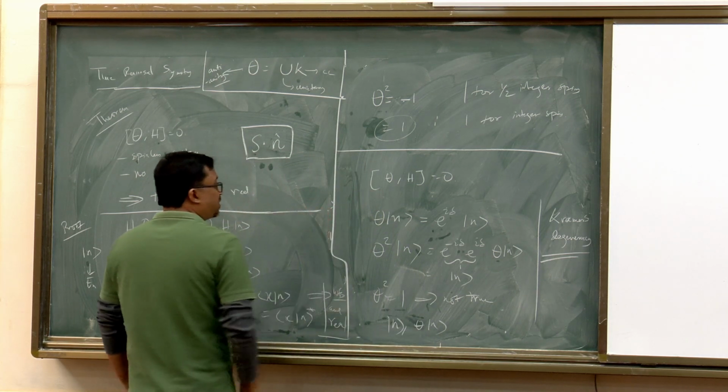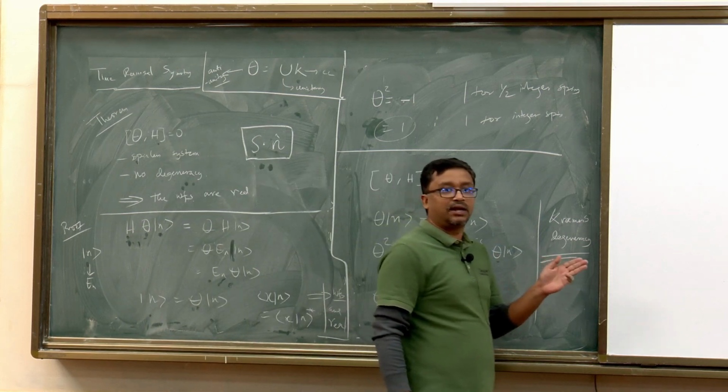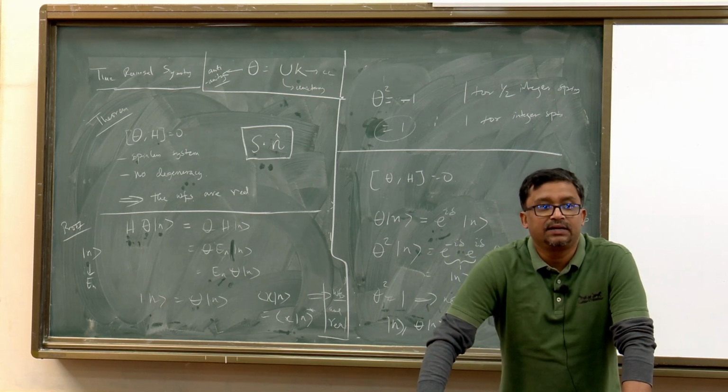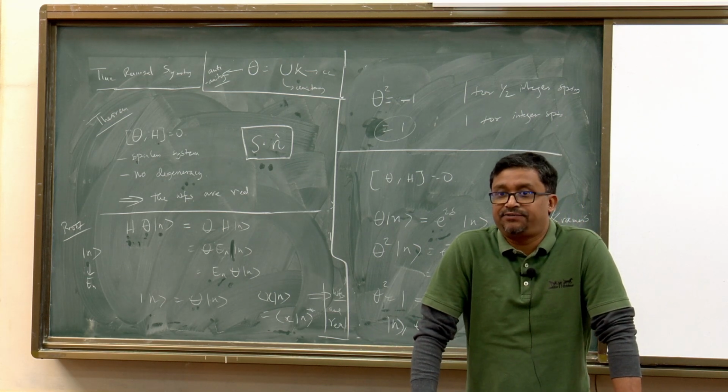So this Kramers degeneracy is inbuilt in the Schrodinger equation, and it cannot be lifted by an electric field.